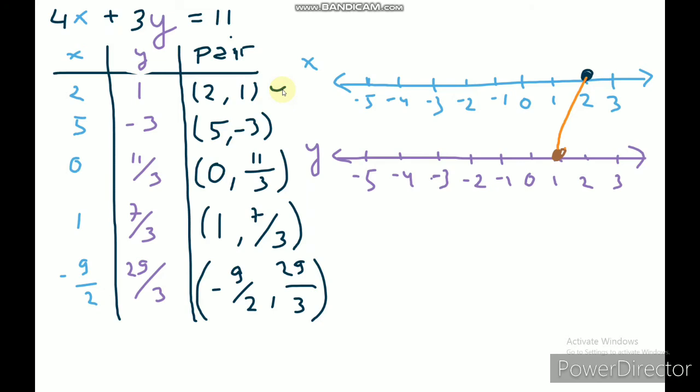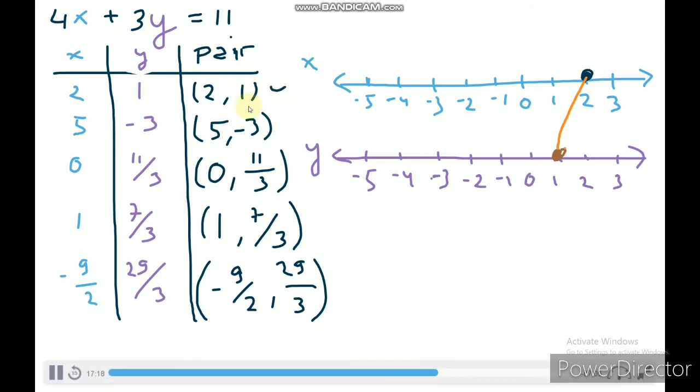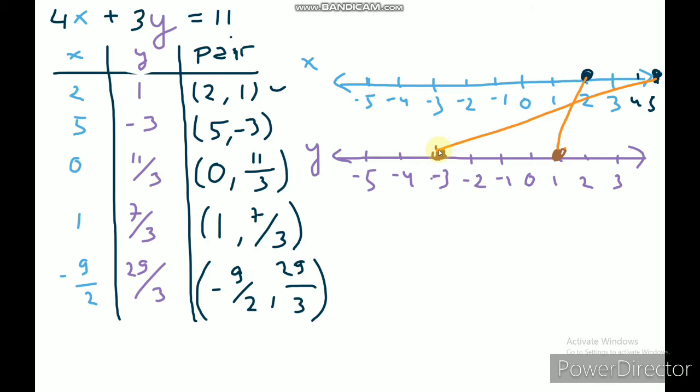How do I show the second pair, (5, -3)? 5 belongs to the x, so it's here. So I have to extend to 5, right? And then I put a closed circle there. And then -3 belongs to the y, so it is here. And then I just put a line to show it is a pair, it is a combination.